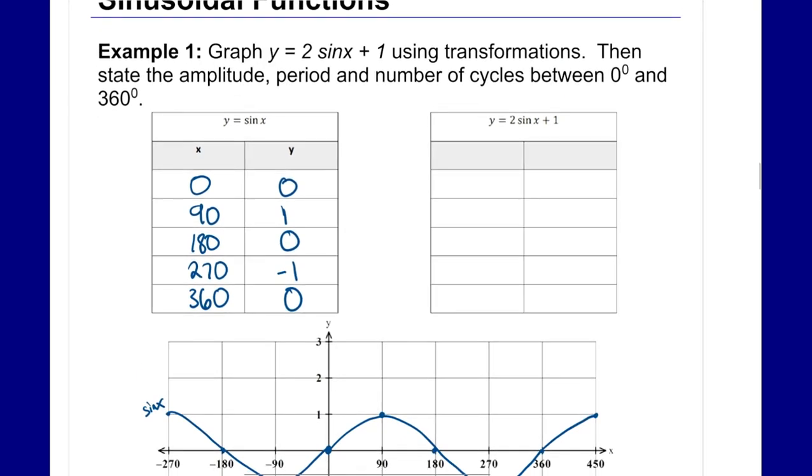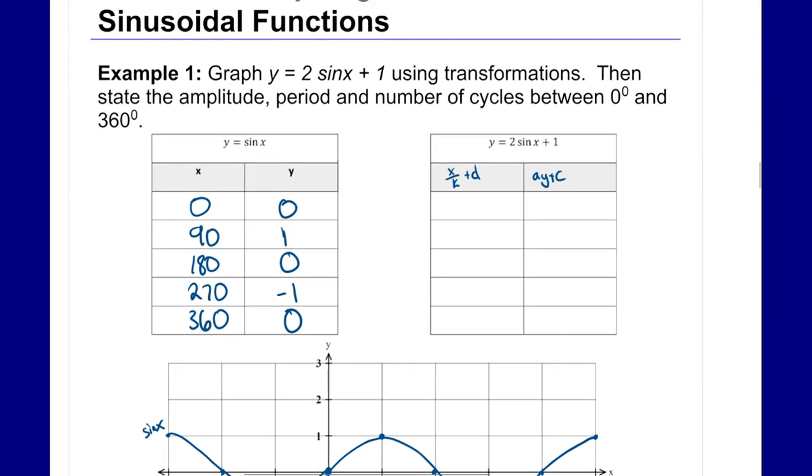For my transformed function, y equals 2 sine x plus 1, I need to figure out what my values are and come up with my mapping notation. Now the mapping notation is going to be the same: x over k plus d, and ay plus c.